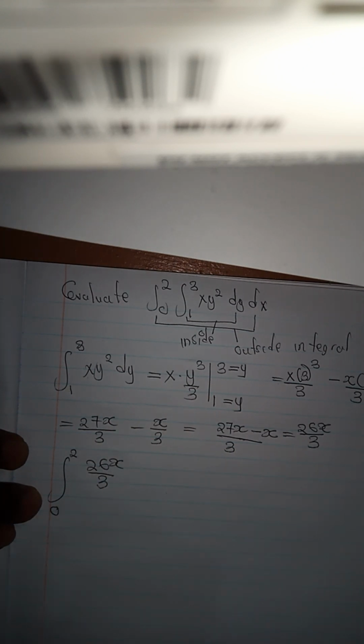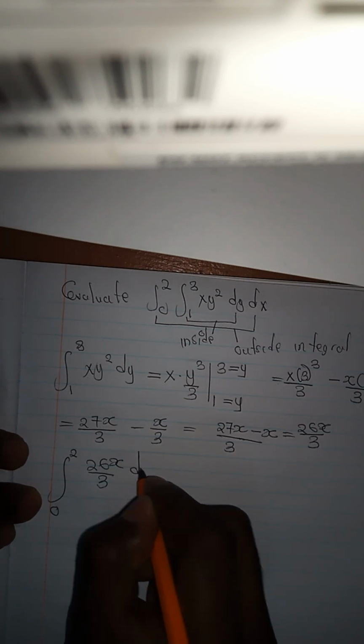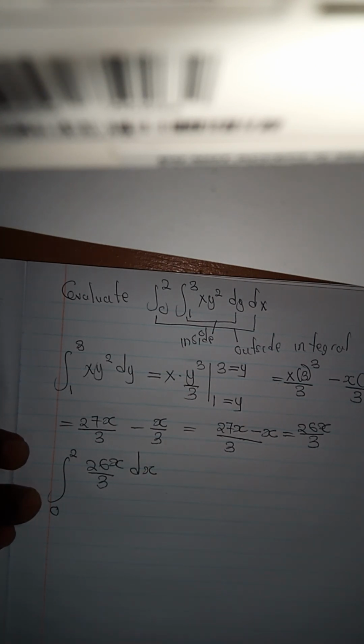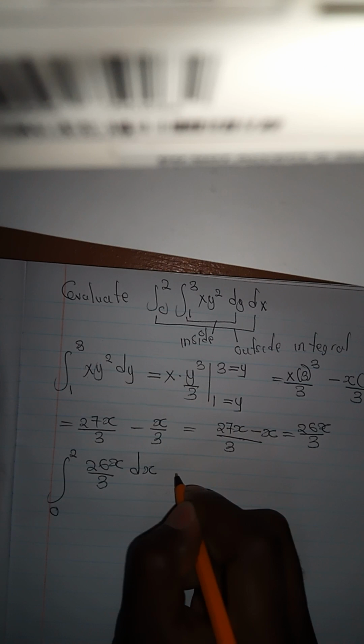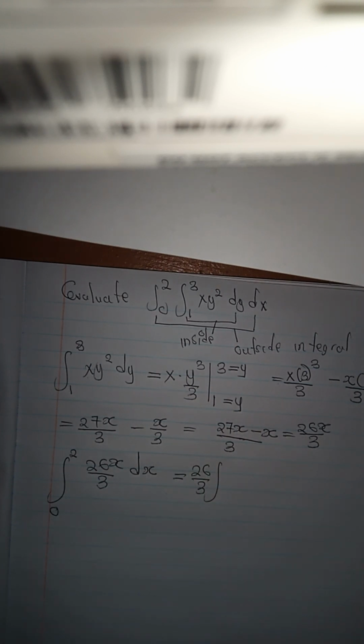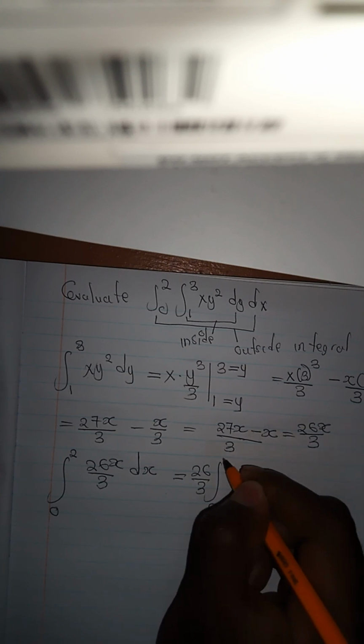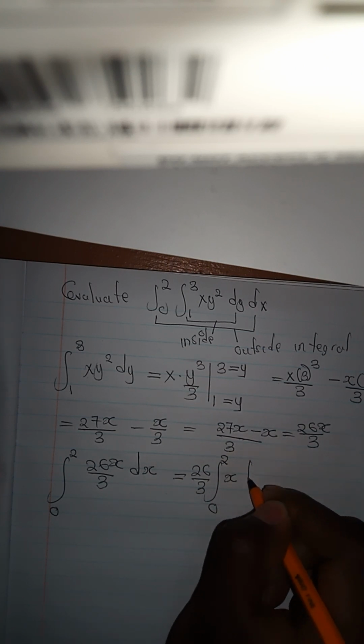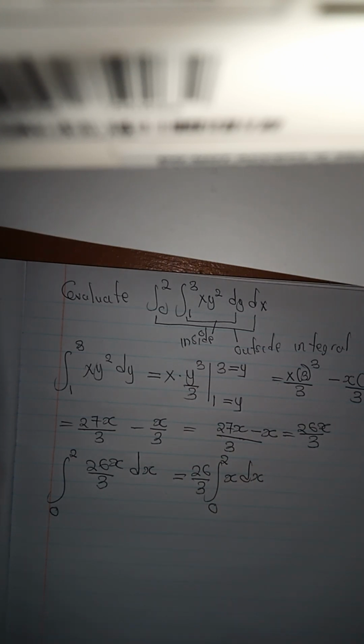And now we have to integrate with respect to x. Then this is dx. All right, when we check, 26 over 3 is a constant. We can take it out as 26 over 3. The antiderivative ranges from 0 to 2. Inside we'll have x dx.